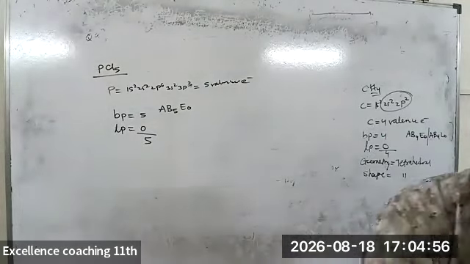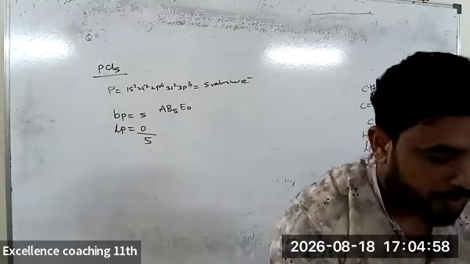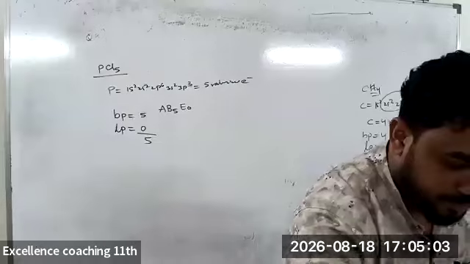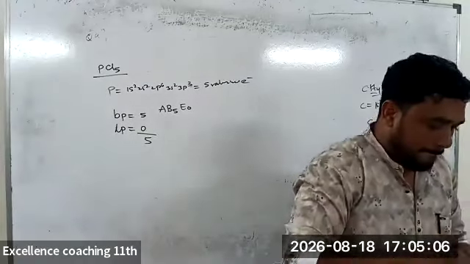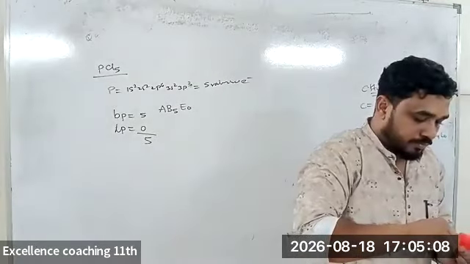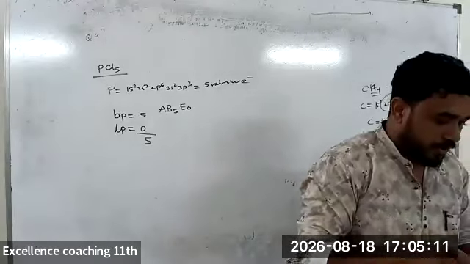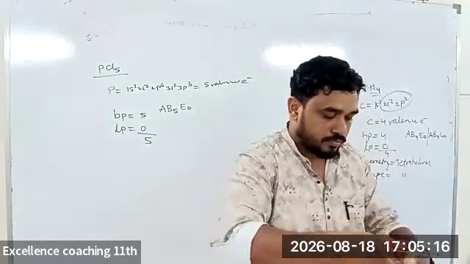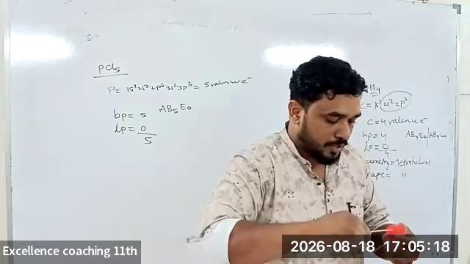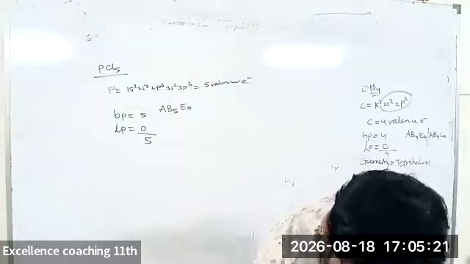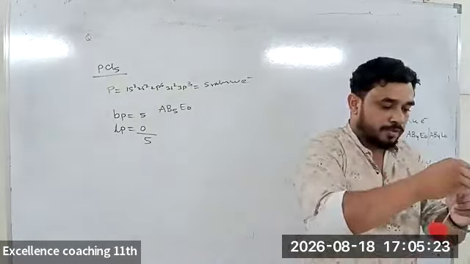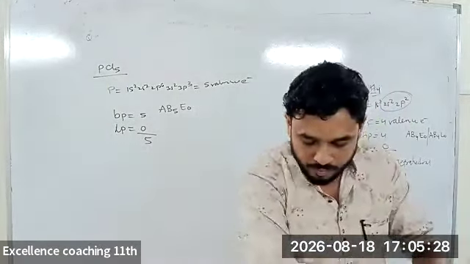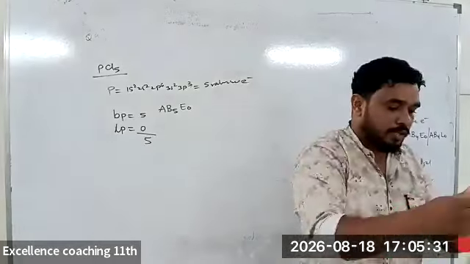Okay, so first you have to make a triangle. One fluorine, second fluorine, third fluorine. The first three fluorines will be arranged like this: this is the first one, this will be the second one, and this will be the third one.